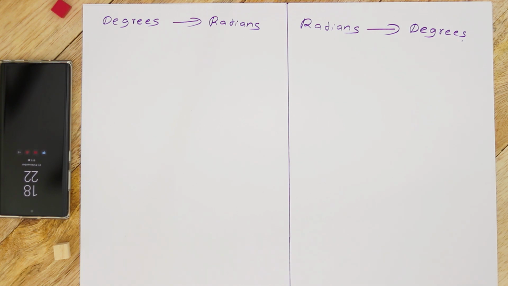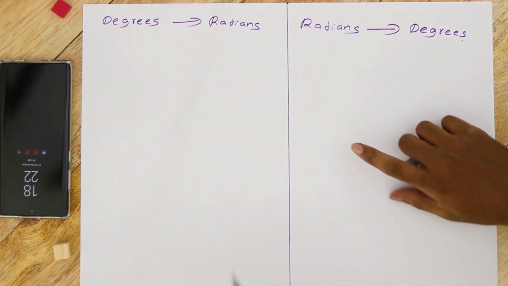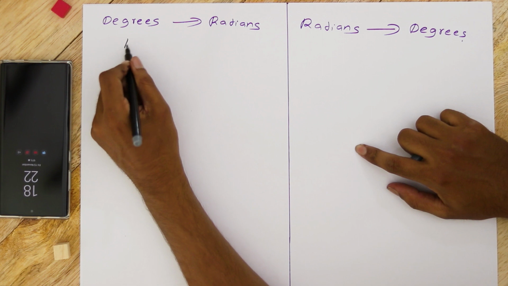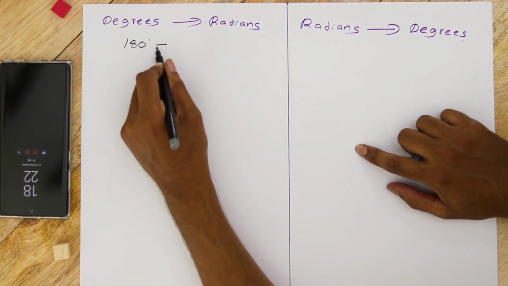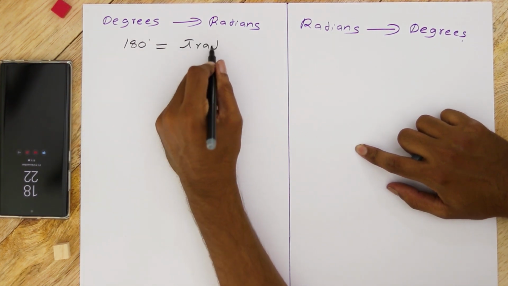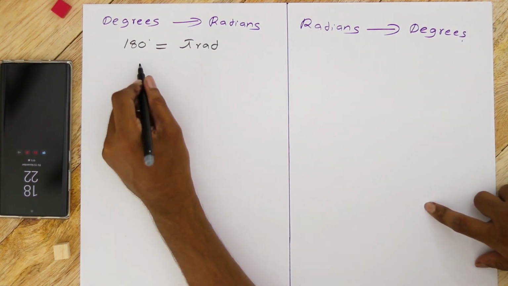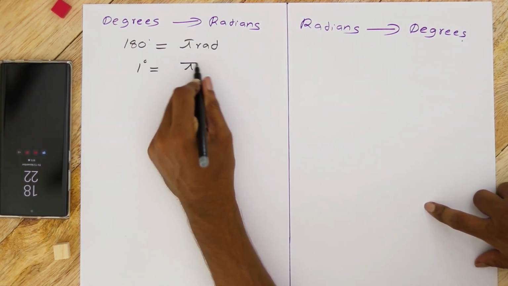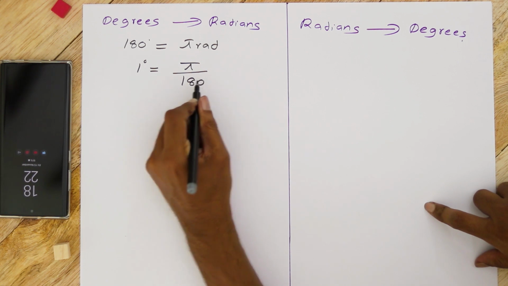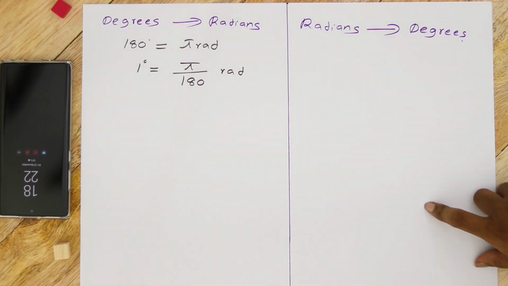Now if you remember the basic concept we learnt, 180 degrees means pi radian. That means 1 degree means pi over 180 radian.